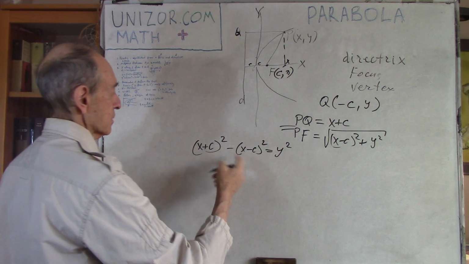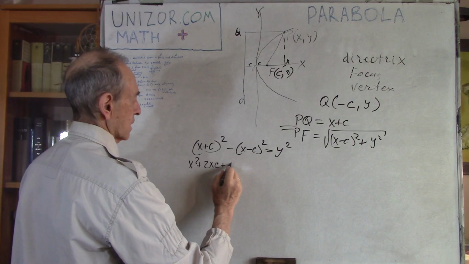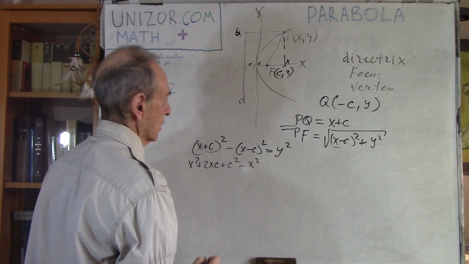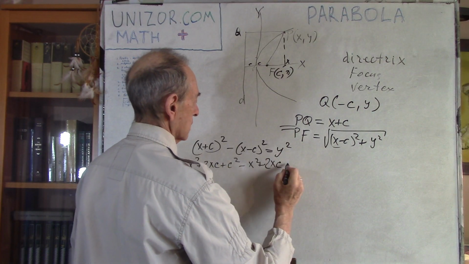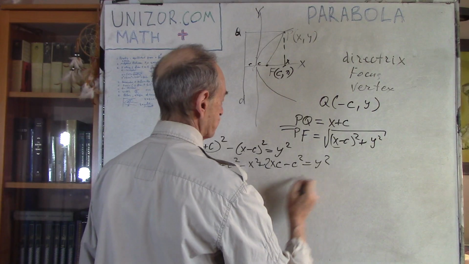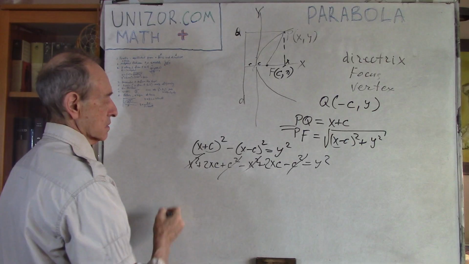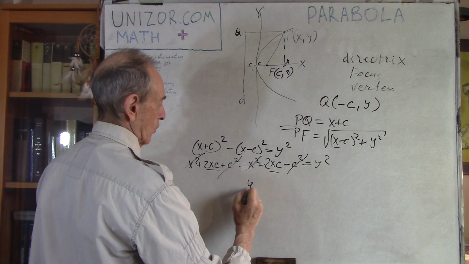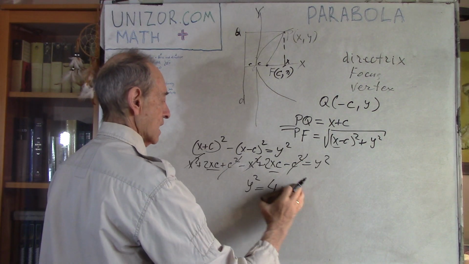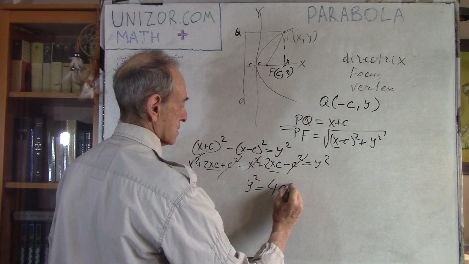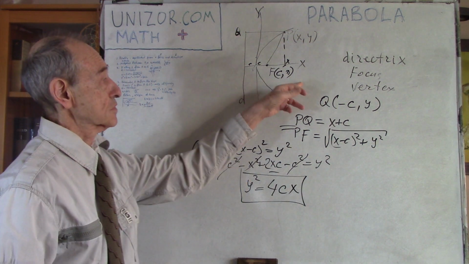Now, if you open the parentheses, what do we have? x squared plus 2xc plus c squared minus x squared, minus and minus will be plus 2xc, minus c squared equals y squared. And guess what? This goes, and what we have is y squared is equal to 4cx. This is the equation of this particular parabola.